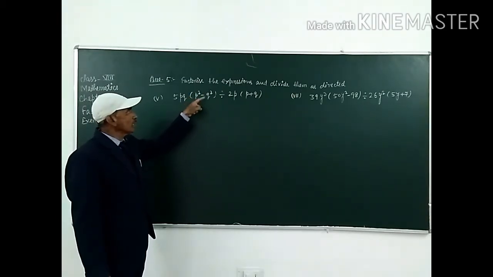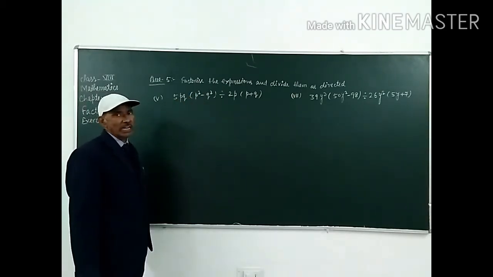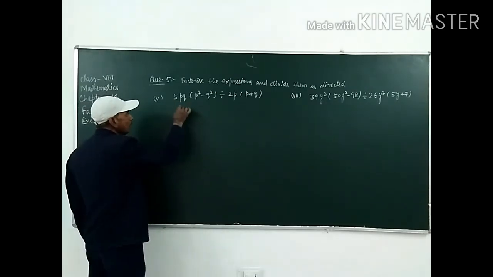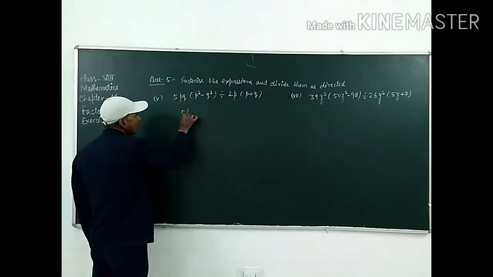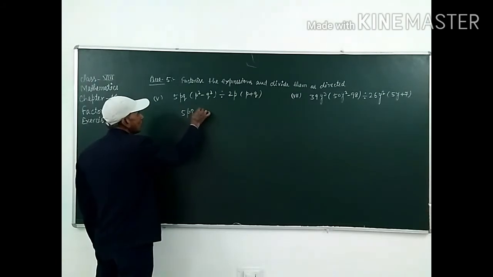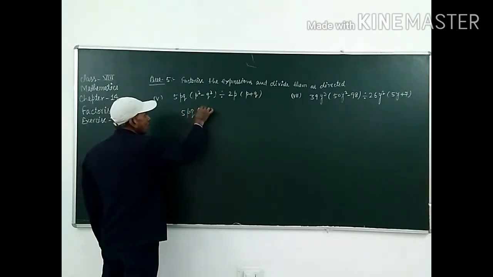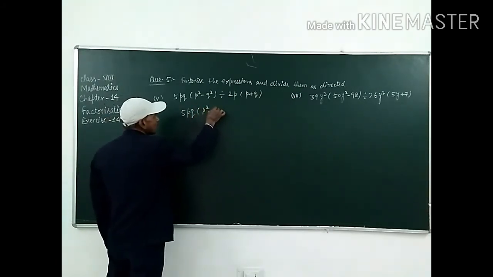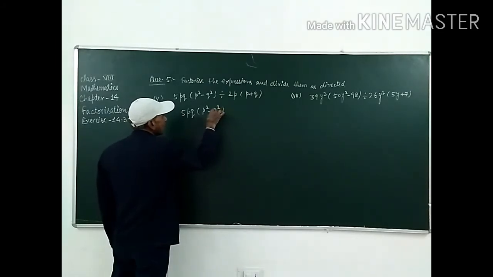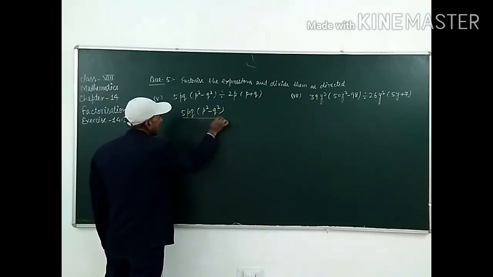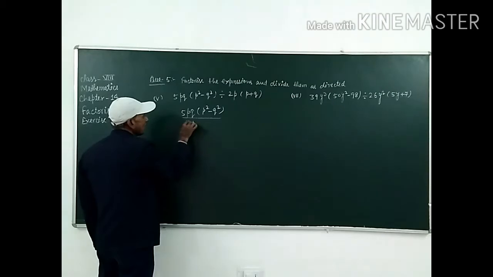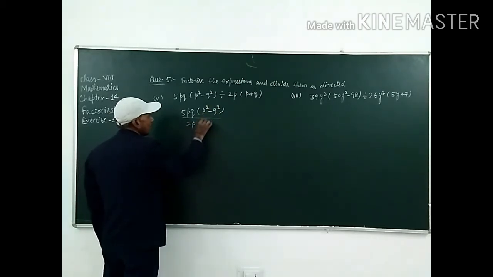So in this place we have to use an identity. So first of all we have to write this 5pq into p square minus q square, divided by 2p into p plus q.